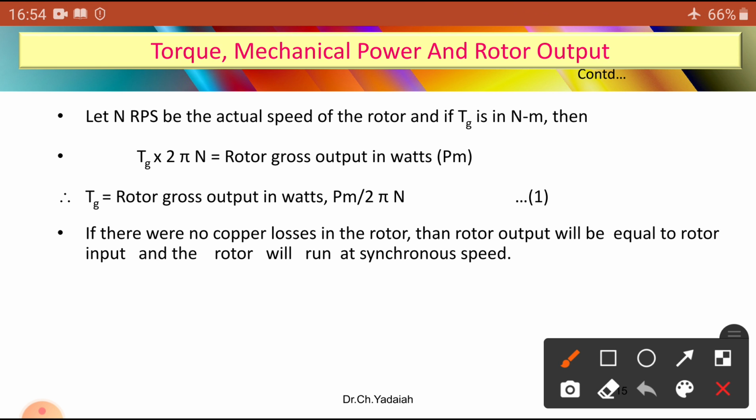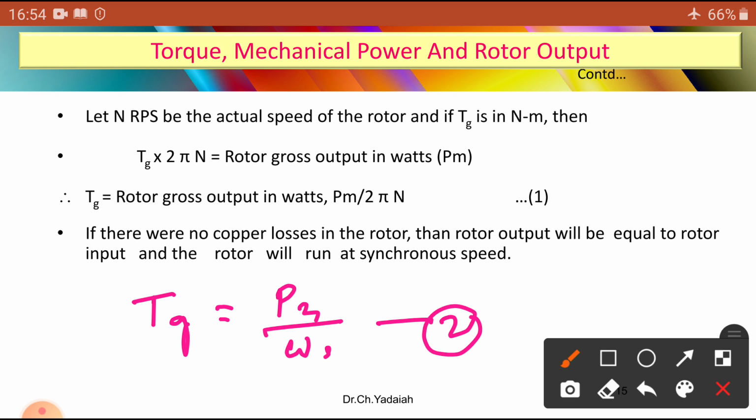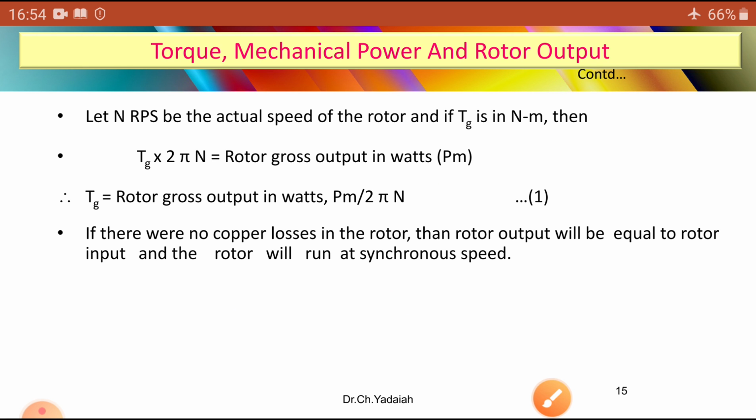The gross torque is then equal to the rotor input P2 by omega S. This is another equation, Tg in terms of P2. We already derived these equations previously.